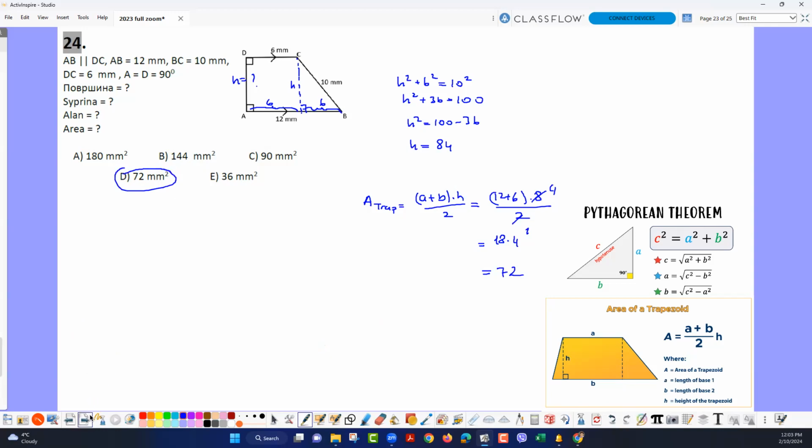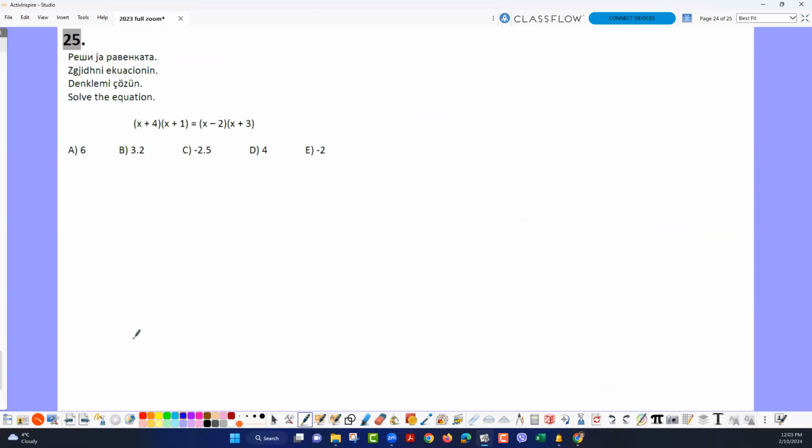Okay, this is the last question now, and it's going to be a short one. Here, we are going to find the equation. For finding the equation, we should use the distribution law, which means you multiply each term of the first expression by each term of the second.